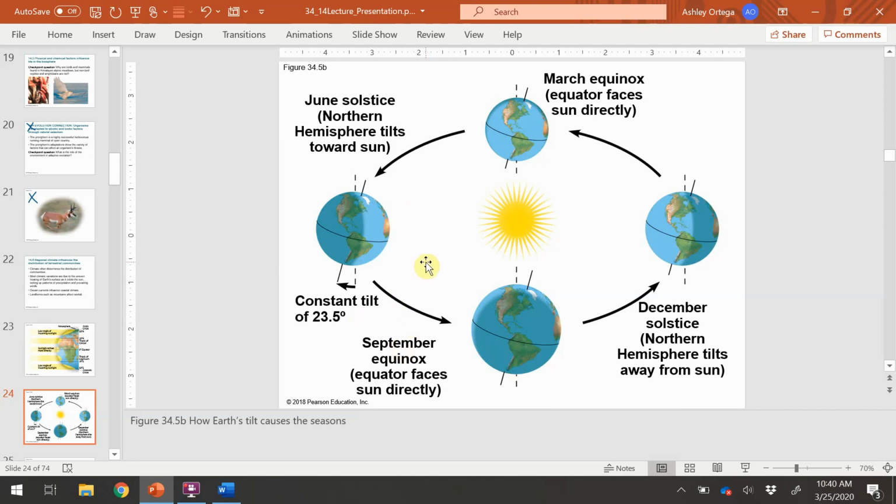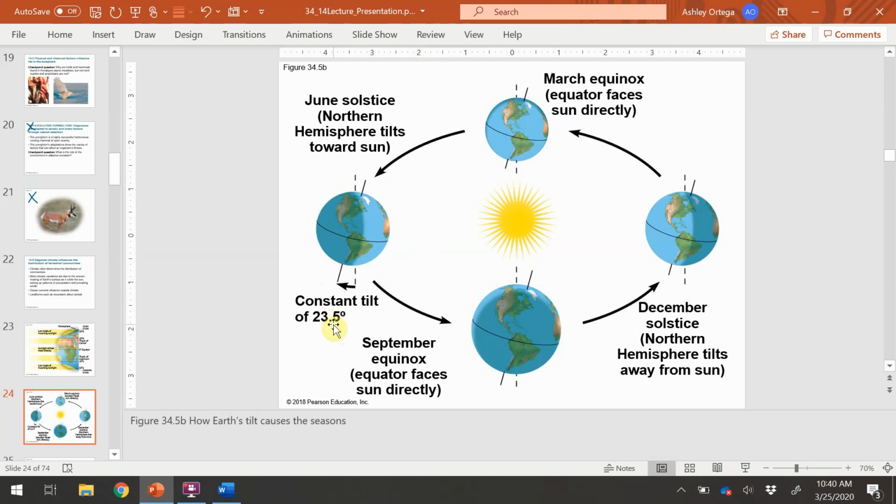In the June time of the year, this June solstice, the Earth is tilted towards the sun. And so that causes longer days, warmer temperatures, right? It's slightly closer to the sun. There's a constant tilt of 23.5 degrees, which is a good amount to cause a large change here.